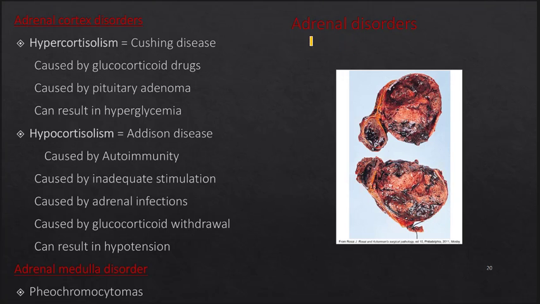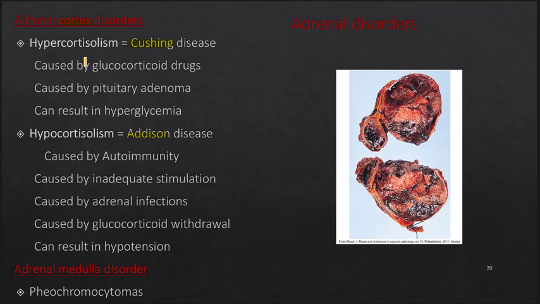Adrenal disorders can be classified as those that affect the cortex and those that affect the medulla. Adrenal cortex disorders oftentimes are related to cortisol, and they can either be hyper or hypo, so hypercortisolism or hypocortisolism. Hyper is also known as Cushing's and hypo as Addison's.